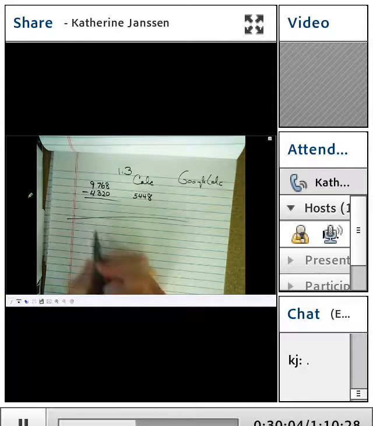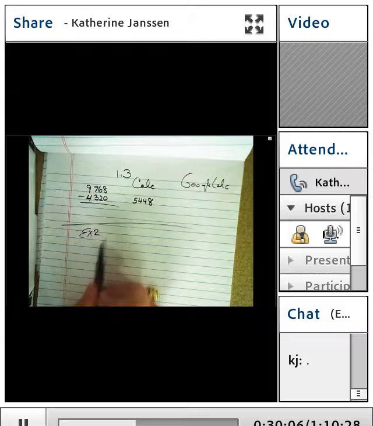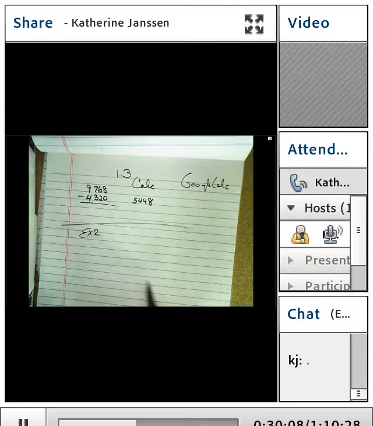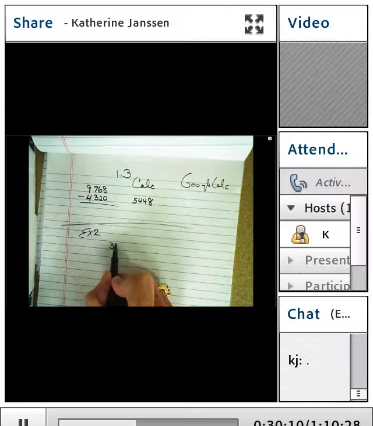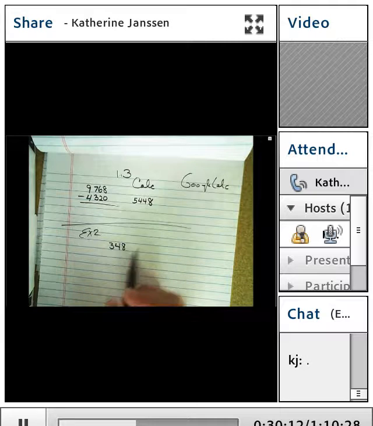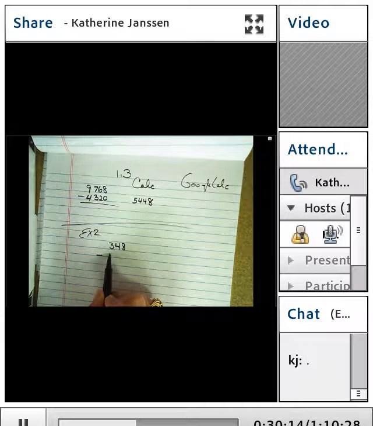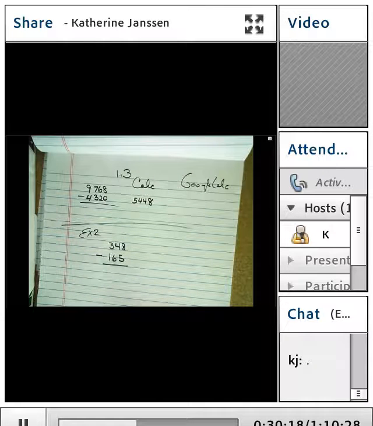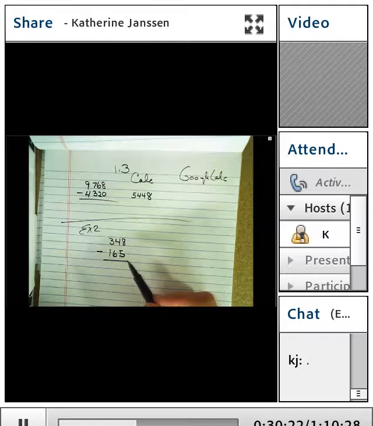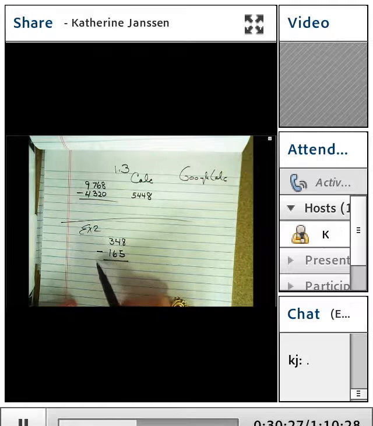Let's look at example 2 on page 15. We're supposed to subtract 348, and we're going to subtract from it 165. This is an example of borrowing in longhand. I line up my placeholder significant columns.